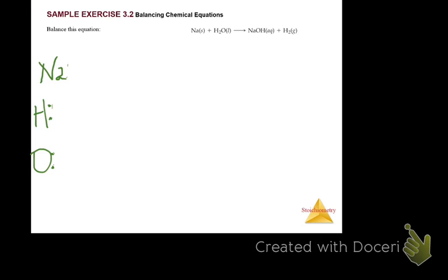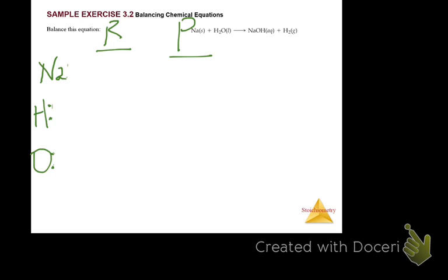Usually you don't want to balance them first, because sometimes you want to balance the non-oxygens and hydrogens first. This time it's not one of those times, but sometimes that will help out in balancing the overall reaction. And so we have our reactants and we have our products. And I apologize if I ever say substrates and products, because in biochemistry we call the reactants substrates.